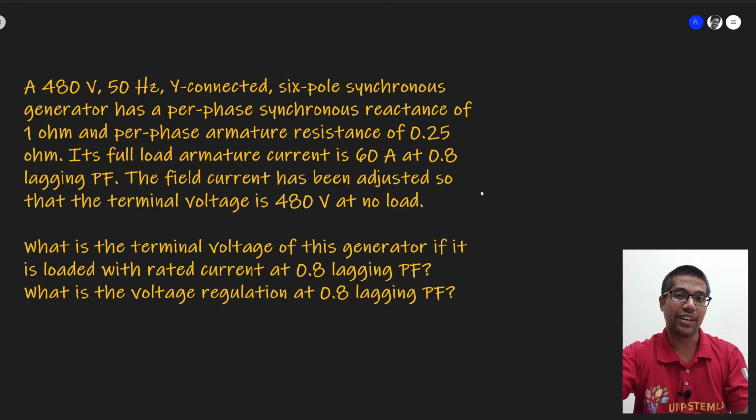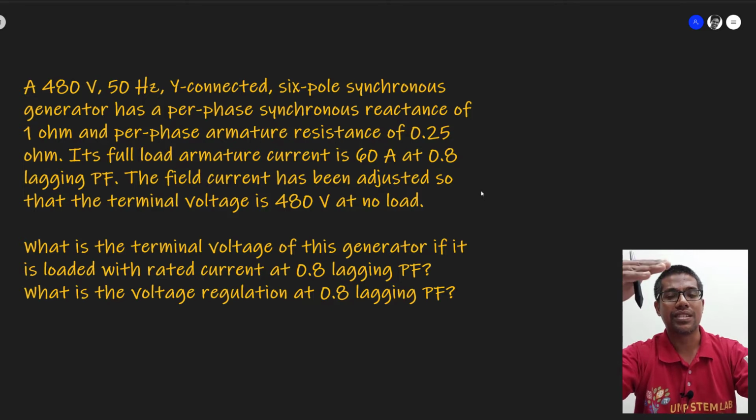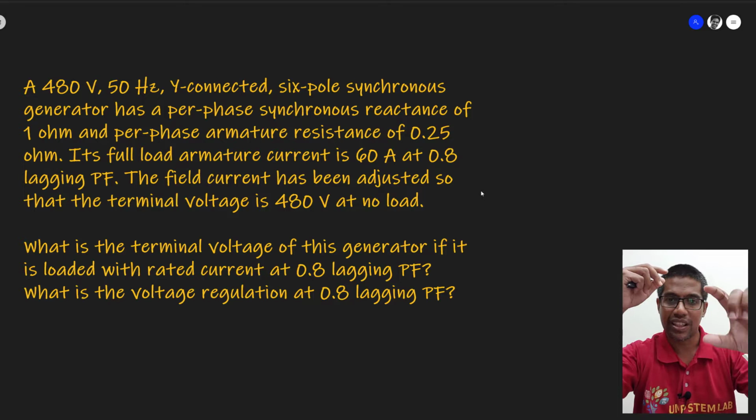Then we leave it. So when you see this sentence, it means the internal generated voltage EA will be tuned to give this voltage, and then it will be left like that.